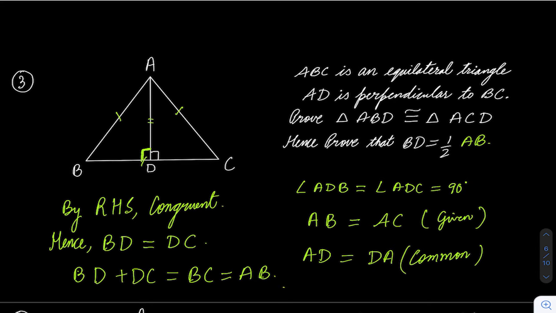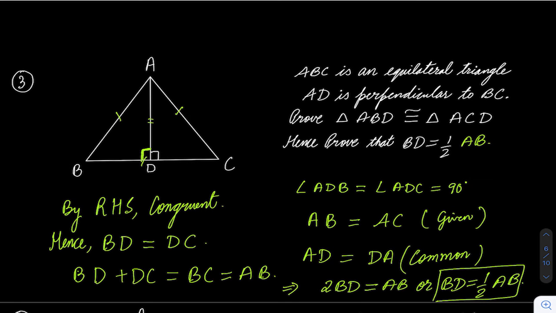And BD is equal to DC. So I can write 2 times BD is equal to AB, or I can write BD is equal to half of AB. So that is the second part that we have to prove. I hope everyone understands.